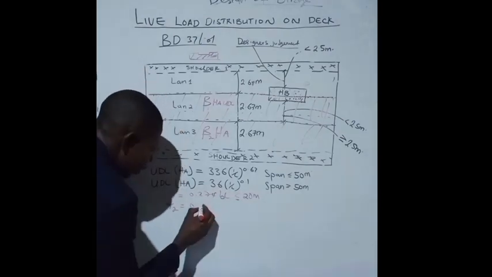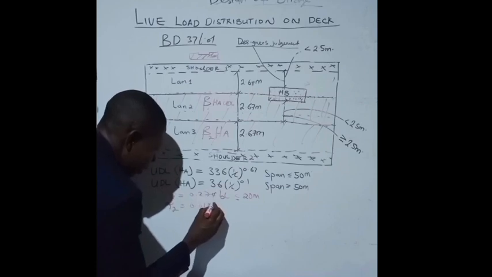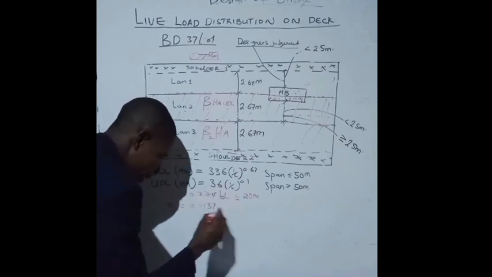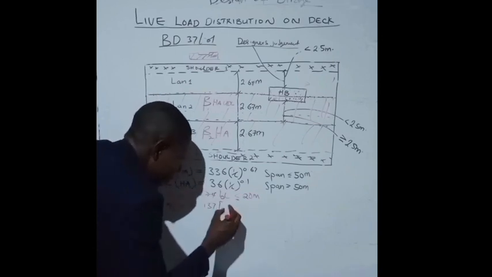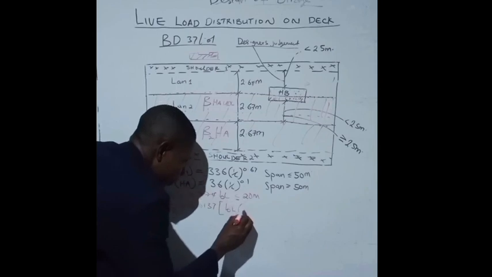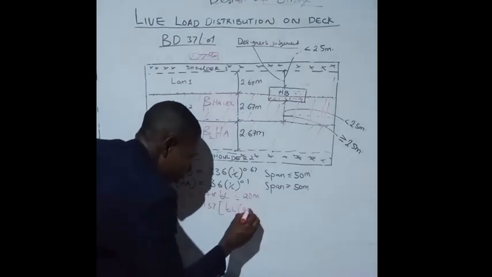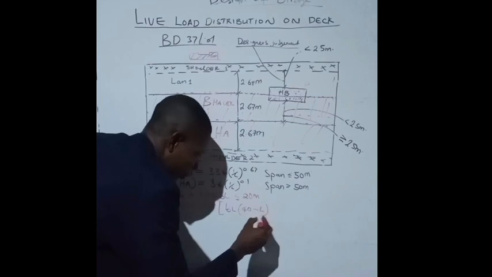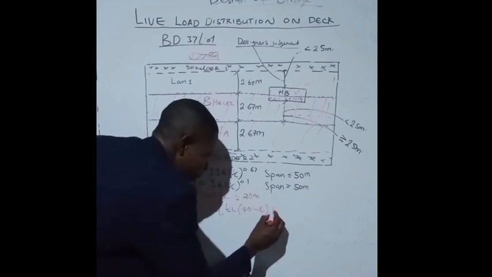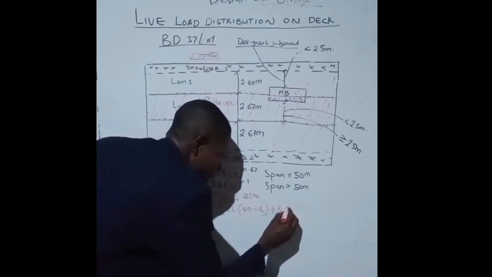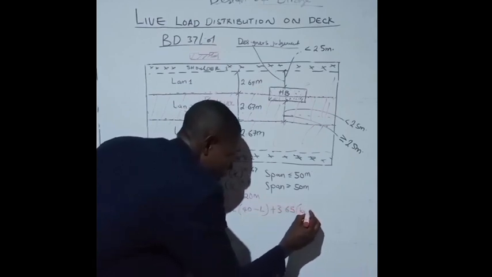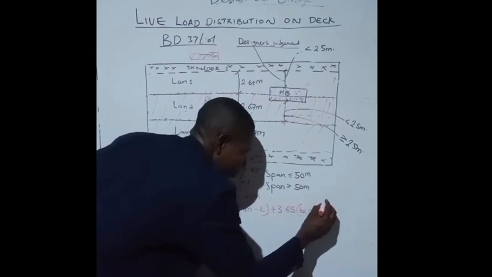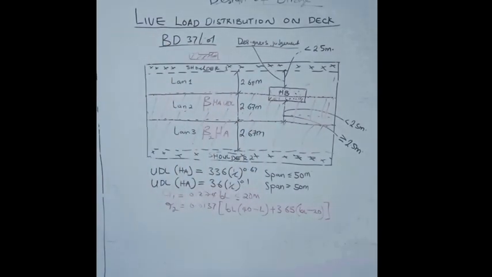Alpha 2 is 0.0107 BL (40 minus L), plus 3.65 (BL minus 20). So that is all we have for alpha 1 and alpha 2.